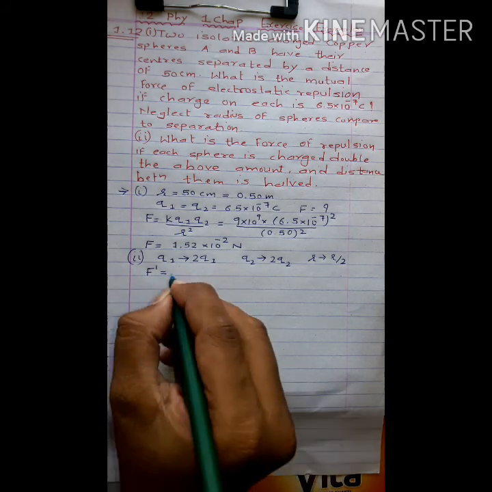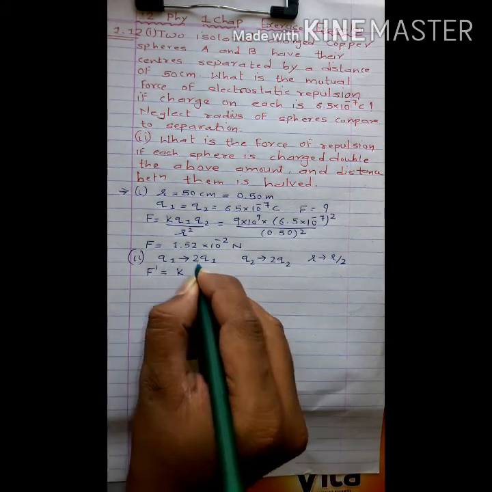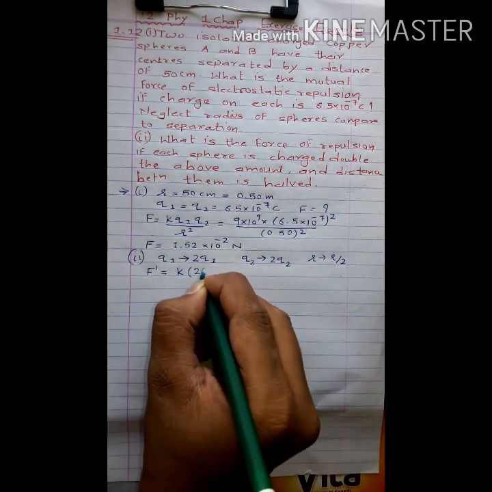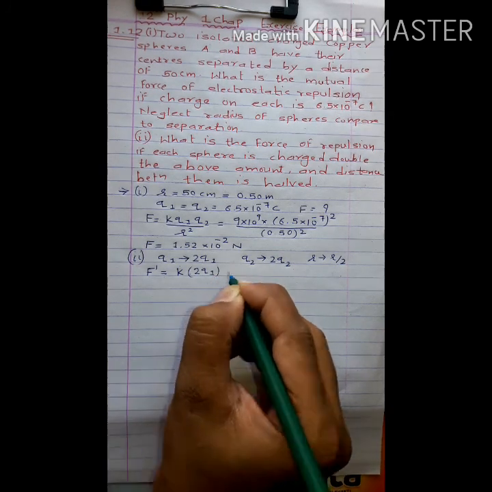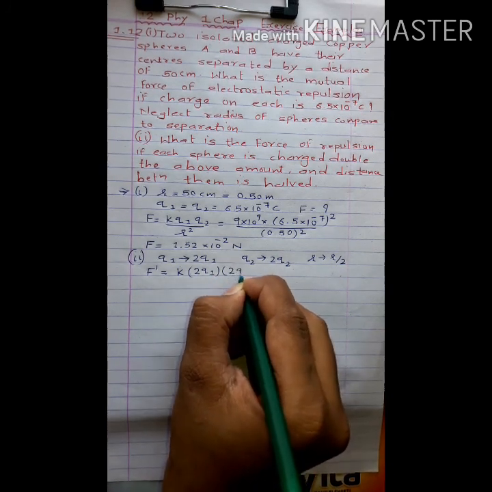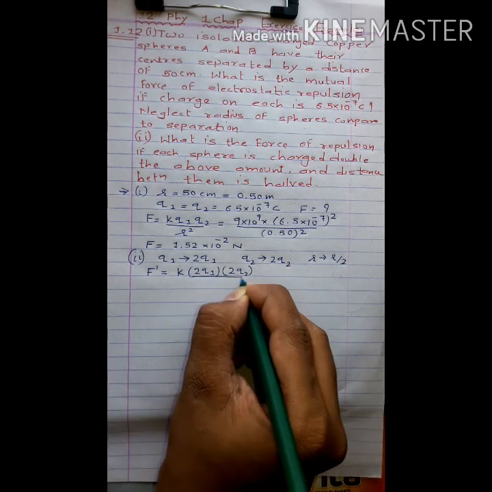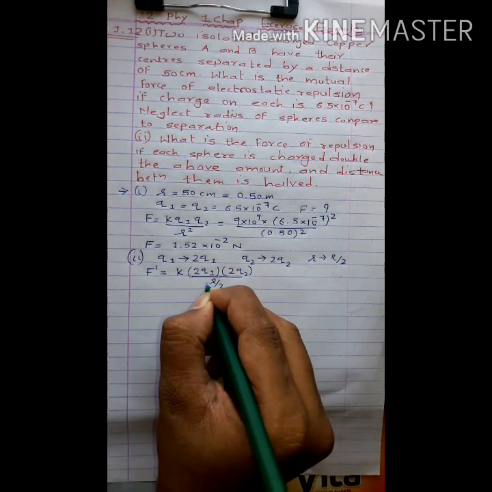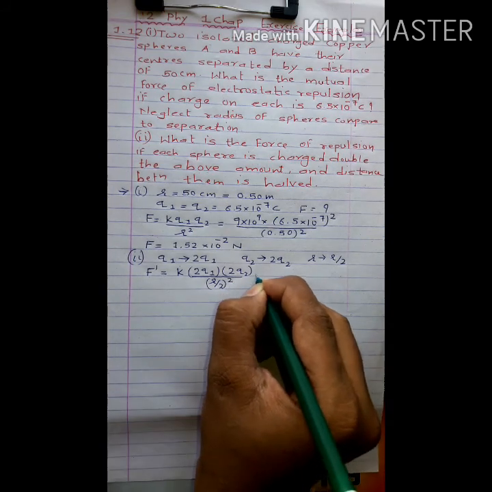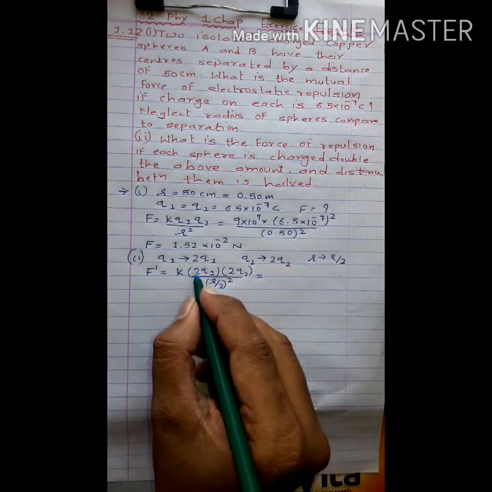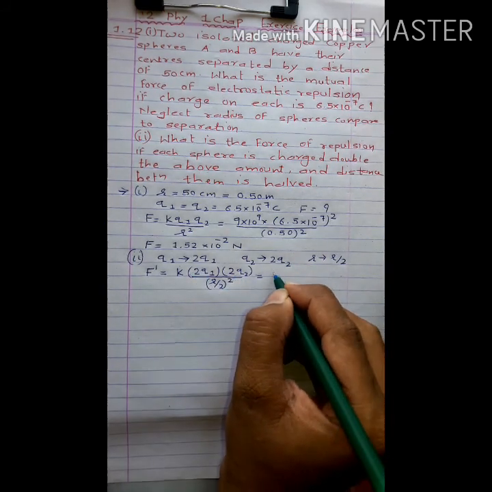So F dash is equal to K, instead of q1 we will use 2q1, into 2q2, divided by (r by 2) whole square. First of all we will simplify this equation. 2 into 2 becomes 4.